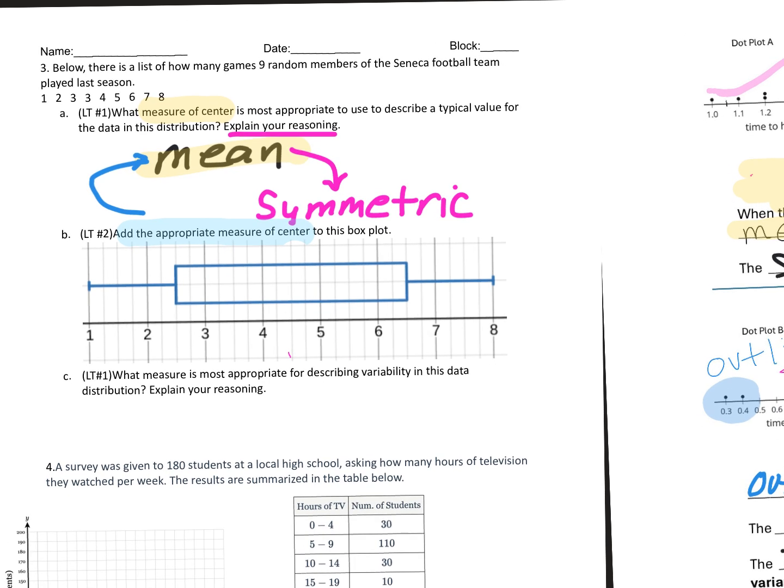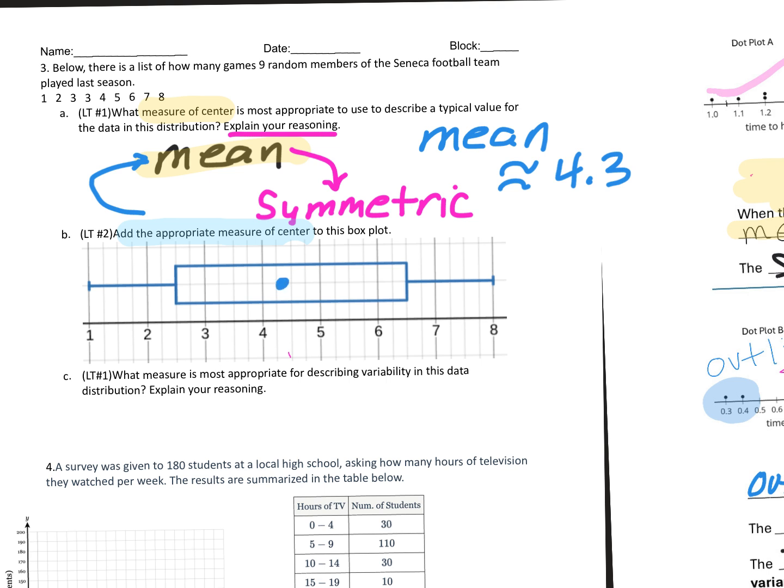So I used my calculator to estimate that the mean is about 4.3. It's pretty close if I round. So don't put a line at 4.3.